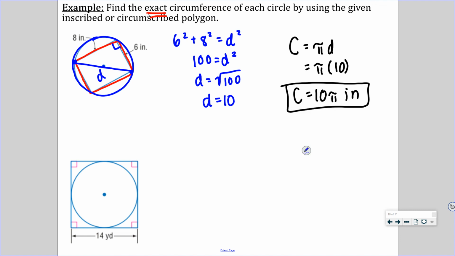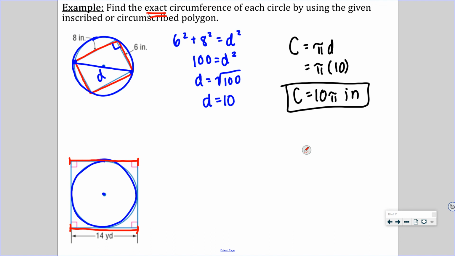All right, last one. Here is my circle that they want me to find the circumference of. It's inscribed in this square, which has side lengths of 14. Ideas. Alejandro?